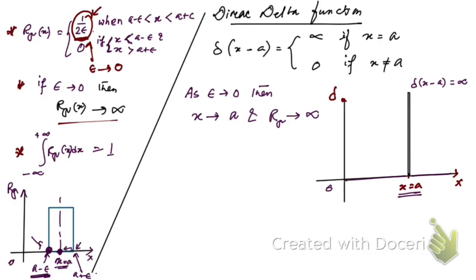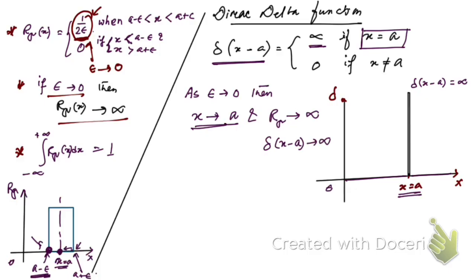So that's why this function tends to infinity when epsilon tends to 0. So when x tends to a, delta x minus a tends to infinity as well.